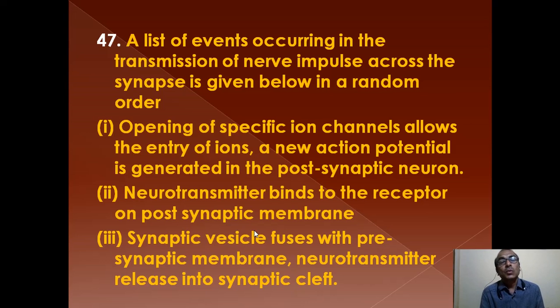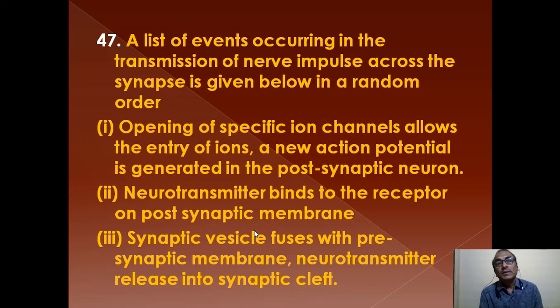Okay, so it will not be in the beginning. Then a neurotransmitter binds to the receptor on the post-synaptic membrane. So this happens after the release of the neurotransmitters, when the action potential has reached the pre-synaptic knob. Then third, synaptic vesicles fuse with the pre-synaptic membrane, and neurotransmitter is released into the synaptic cleft. That is just before that second statement.